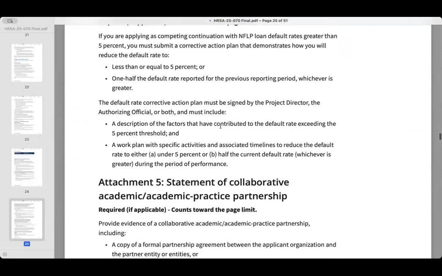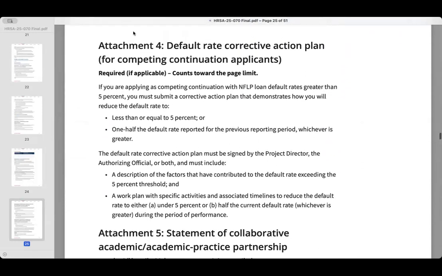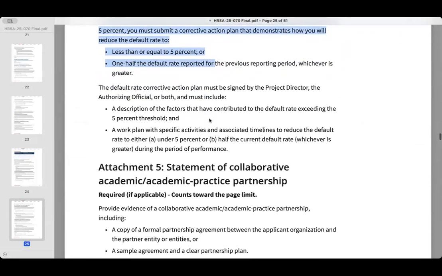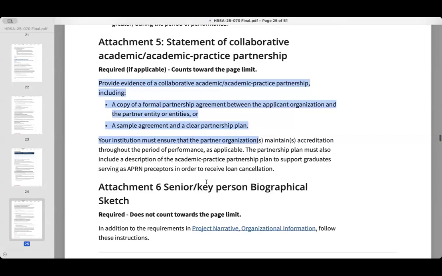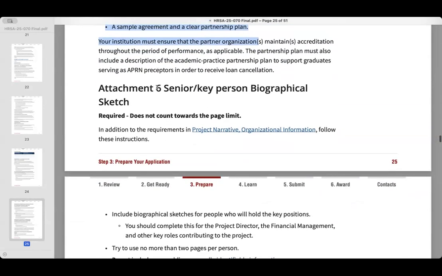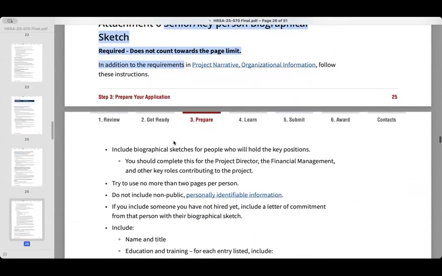All right, moving on here. This is a special case for returning programs. This is talking about things like the sites that you are cooperating with to provide the different educational and teaching opportunities. And see biographical sketches of the key people involved in this.